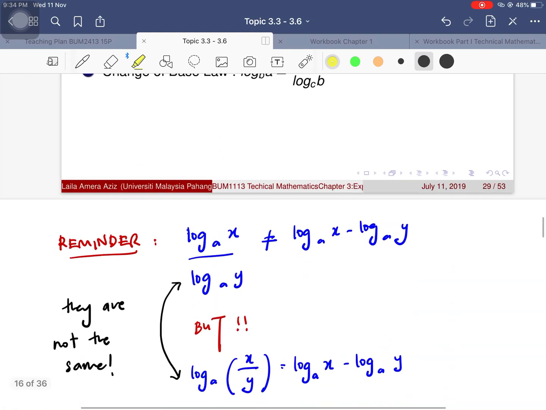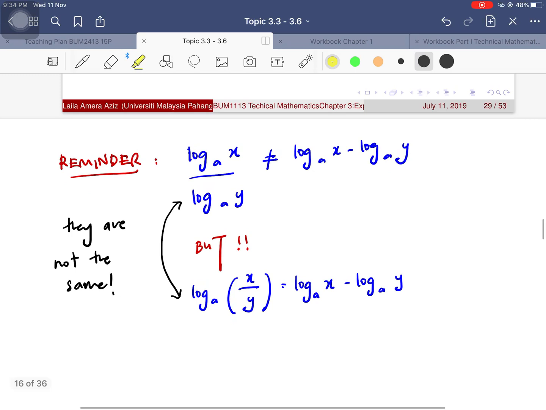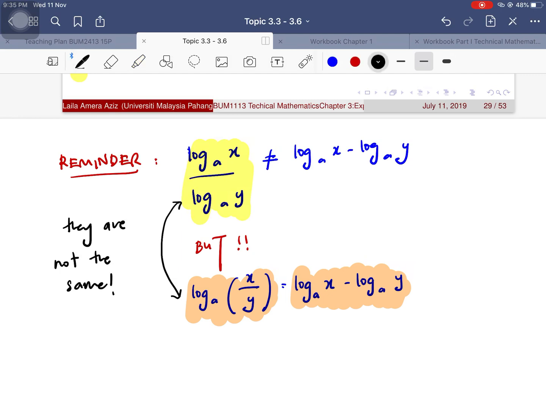However, I would like to remind you about this. In the formula, log base a of x over y is equal to log base a of x minus log base a of y. However, these two are not equivalent: if you have log base a of x over log base a of y, they don't share the same log.